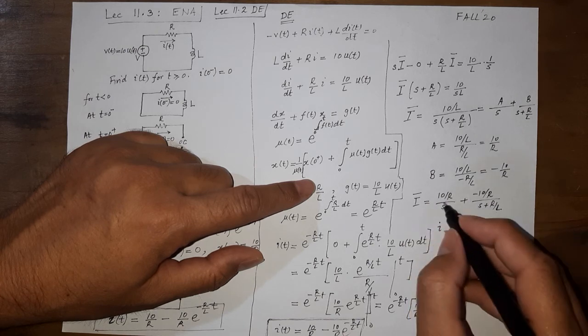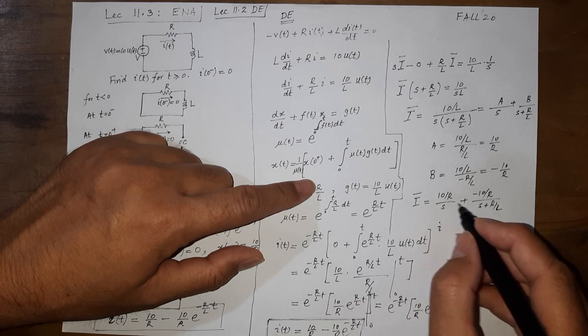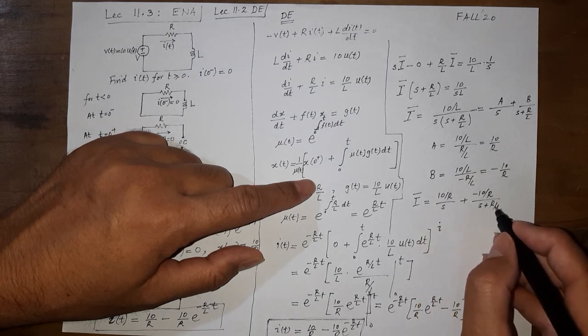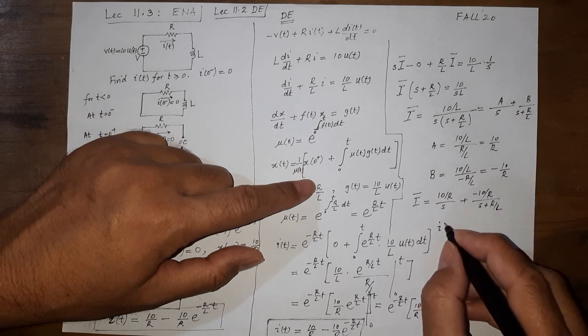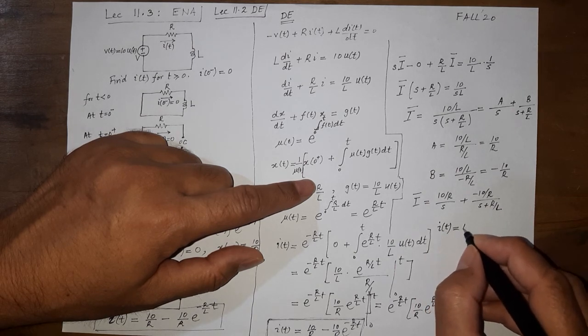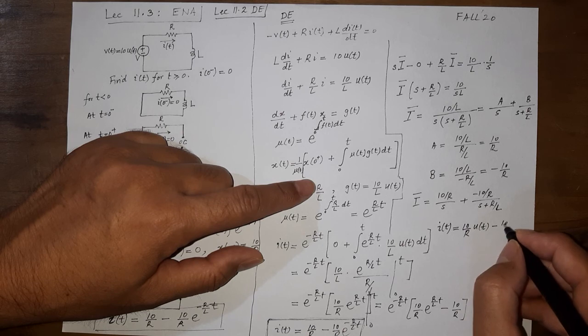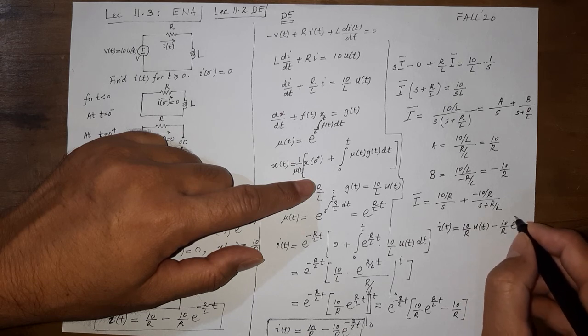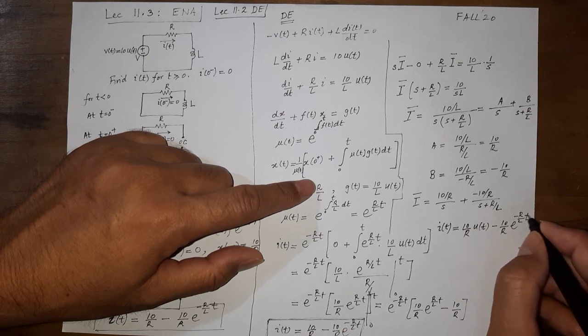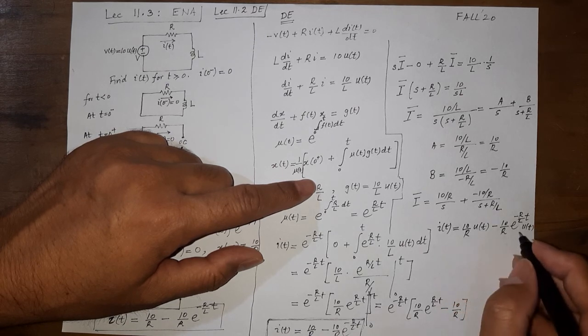Now we can use tables. So 1 over s was the Laplace transform of u(t), and 1 over s plus a was the Laplace transform of e raised to the power minus at. So we get i equal to 10 by r u(t) minus 10 by r e raised to the power minus r over L t u(t). u(t) comes every time. Why?